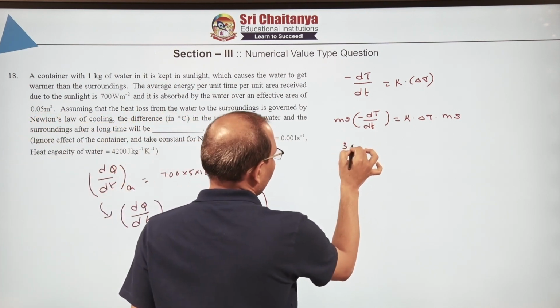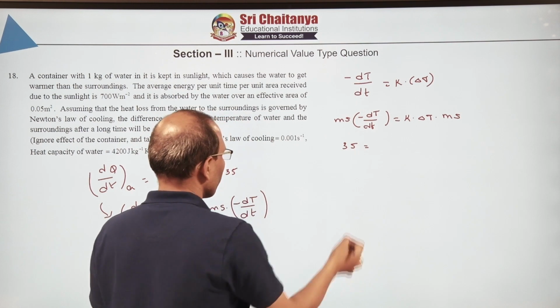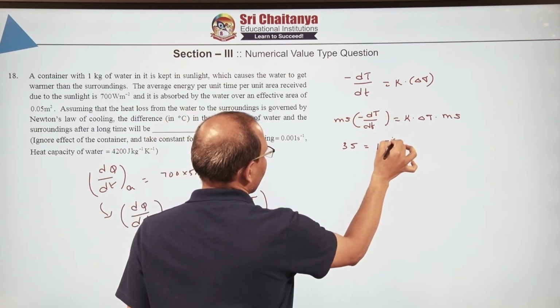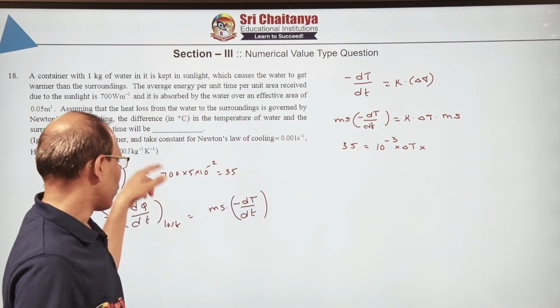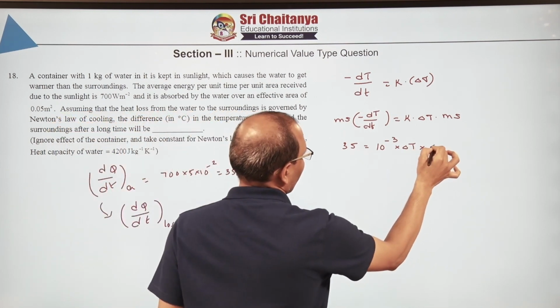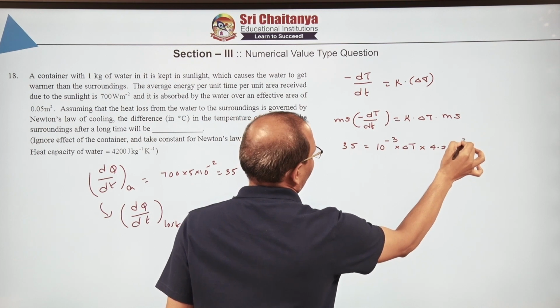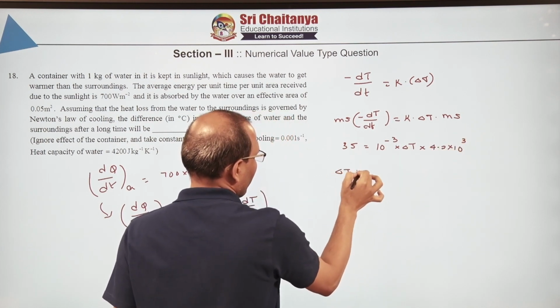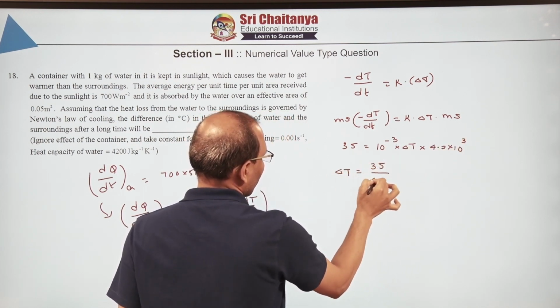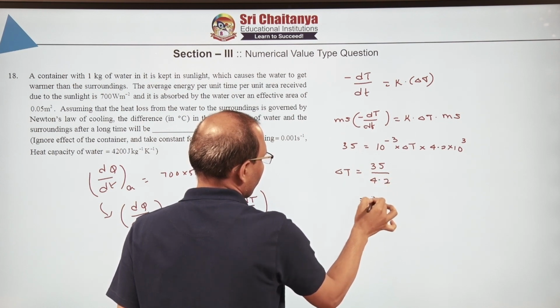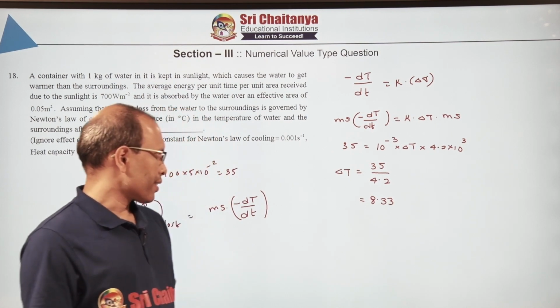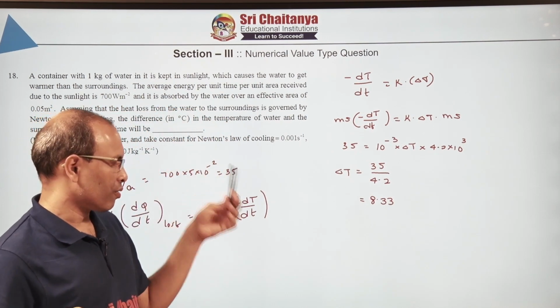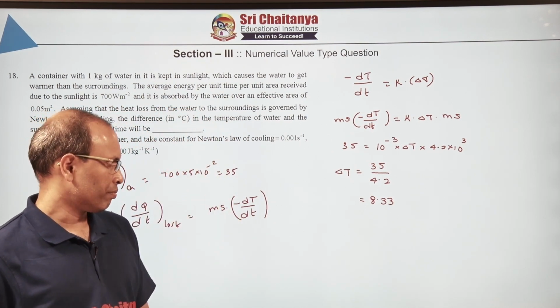So 35 equals K value 10 power minus 3 into delta T into ms value 4.2 into 10 power 3. So delta T will be 35 by 4.2, which is 8.33. So this is the temperature difference between the water and the surroundings.